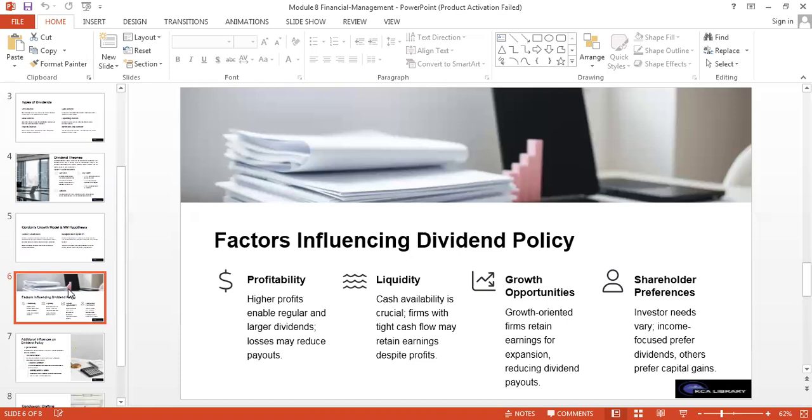Another one is shareholders' preference. Investors' needs vary. You can have people that are income-focused and prefer dividends, while others prefer capital gains.